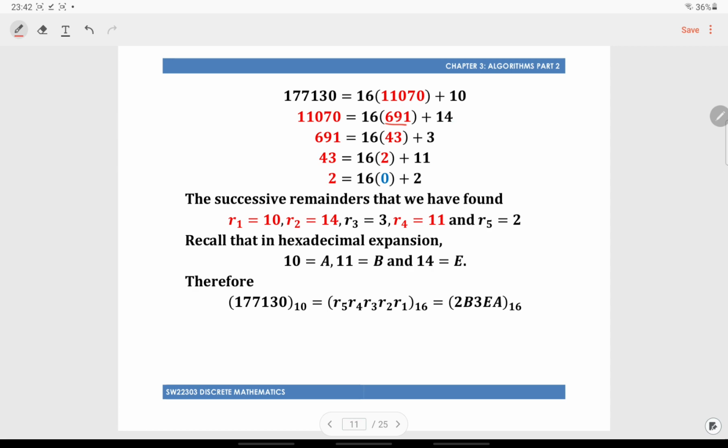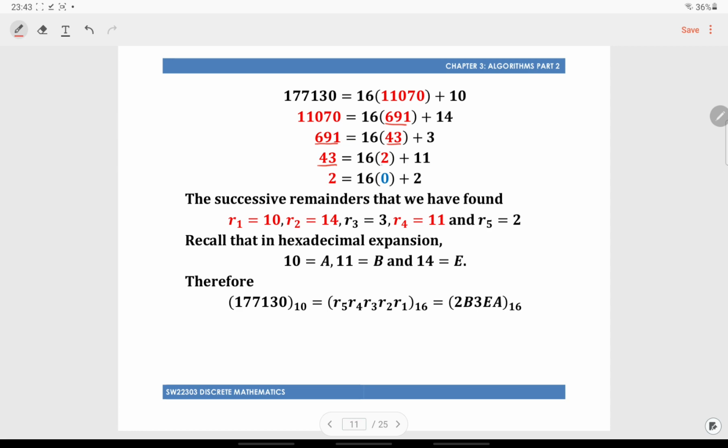Because the quotient is not equal to 0, we need to proceed. We take 691 as the new dividend. We divide by 16, and we obtain a new quotient equal to 43. Because the quotient is not equal to 0 yet, we proceed. In the next step, we take 43 as the new dividend and divide by 16.